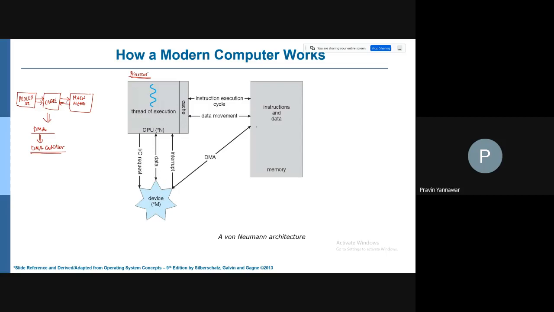Instead of that, if the device knows that at this particular location in main memory the required data exists, then the device requests the DMA controller to bring this particular data, and whatever process has been activated, which requires a device and that particular data, it is supplied to the CPU.